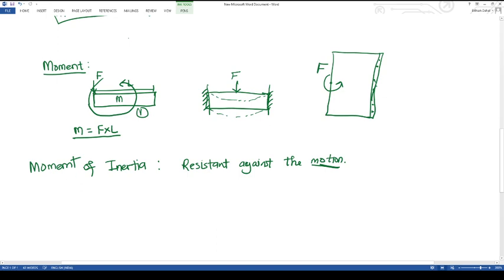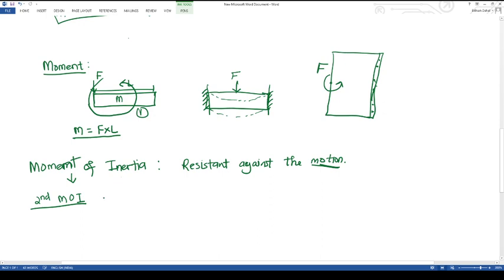So what I can say, moment of inertia is nothing but the resistance against the motion. Now this moment of inertia is also known as second moment of inertia.